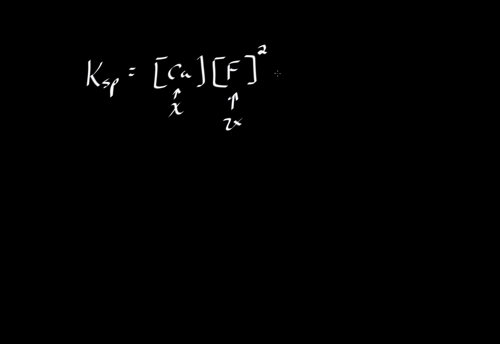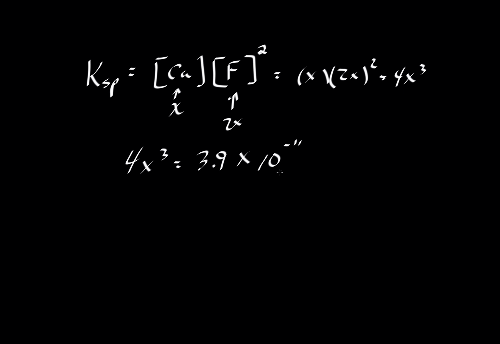So this is going to be equal to X times the quantity 2X squared, and that whole quantity is equal to 4x cubed. So we can now write 4x cubed is equal to the numeric value of the Ksp, which is again 3.9 times 10 to the minus 11.